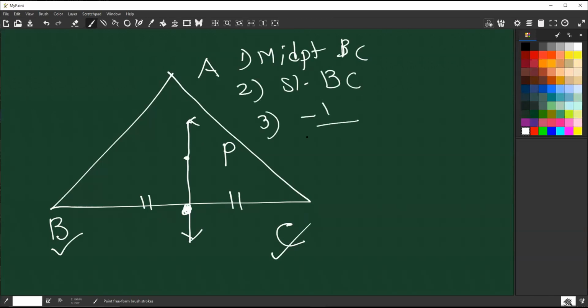Third, minus 1 upon slope BC. P is the circumcenter, because the circumcenter is the point of concurrence of all three perpendicular bisectors of the sides. So minus 1 upon slope BC is going to be slope PE.